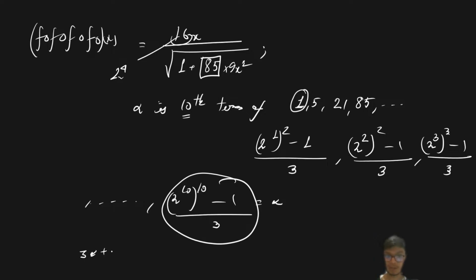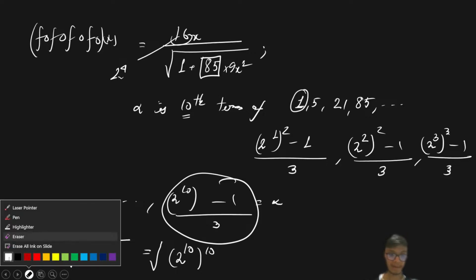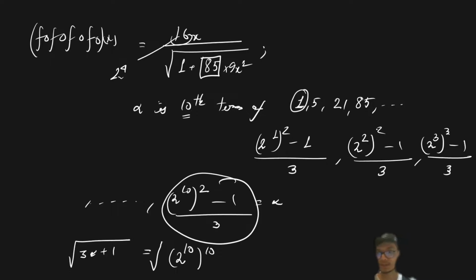Therefore 3 alpha plus 1 and square root of it is going to be equal to 2 to the power 10 whole to the power 10 and then square root of it, right? Sorry, very sorry, this is not that, this is the square of that, right? Correct, this is square and this part is also square, yeah, correct.